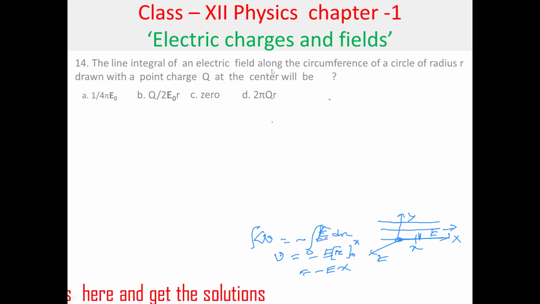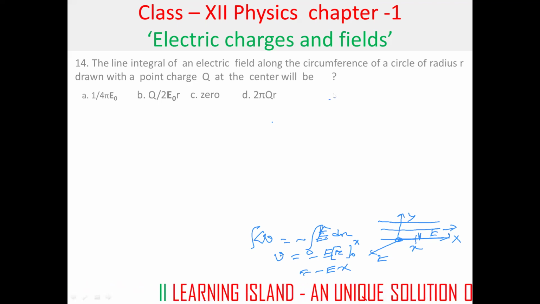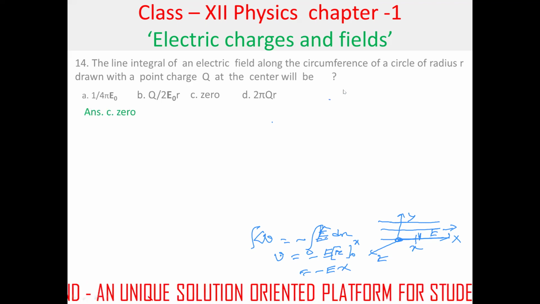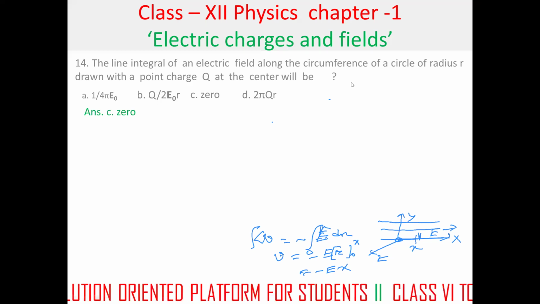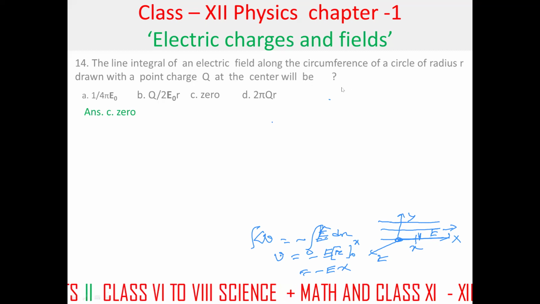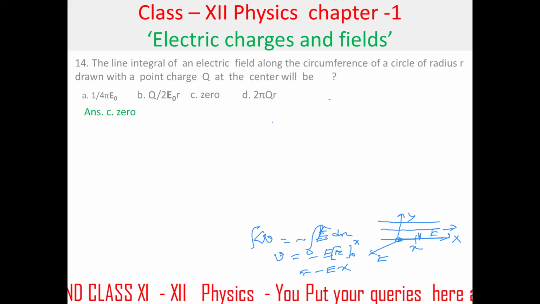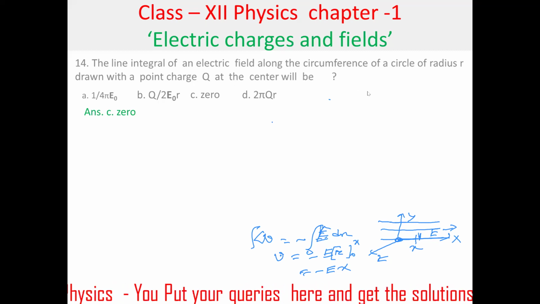I think the line integral will be 0. No need to explain, I think. The answer would be 0. Because if you sum all of these, the line integral of an electric field along the circumference of a circle of radius r, drawn with a point charge q at the center.